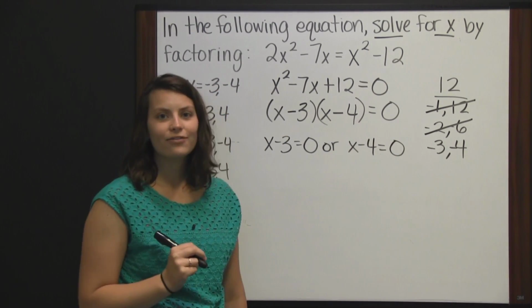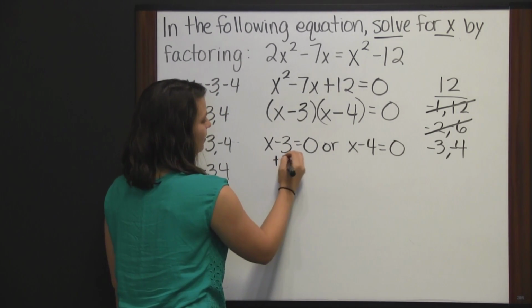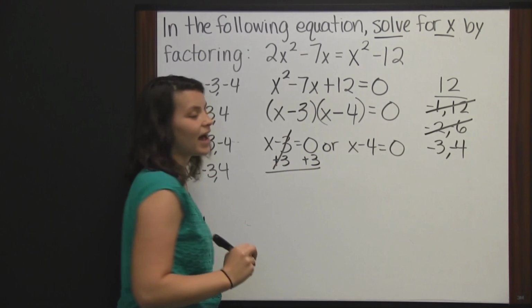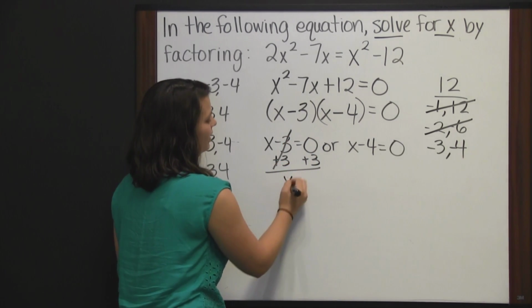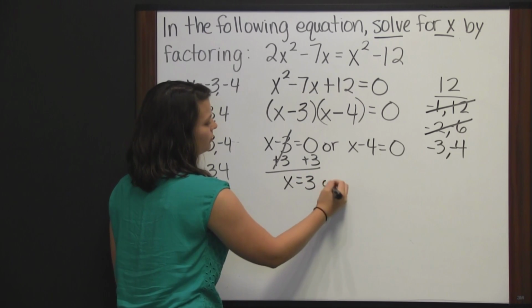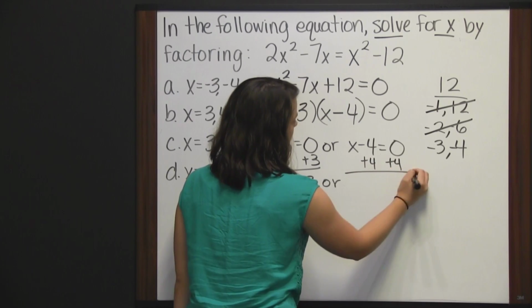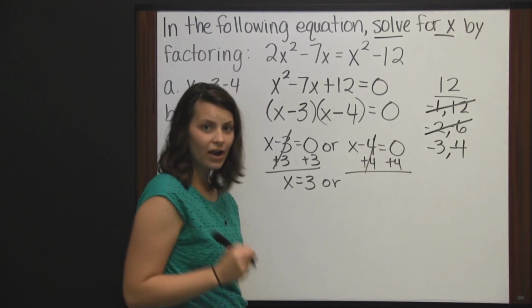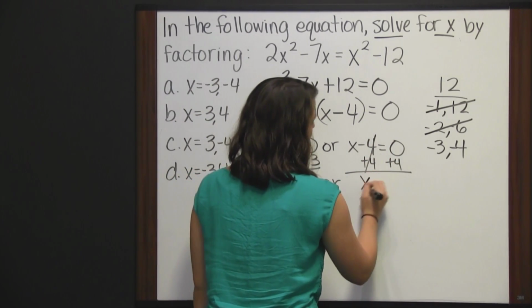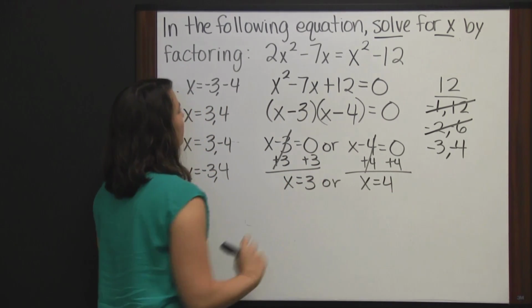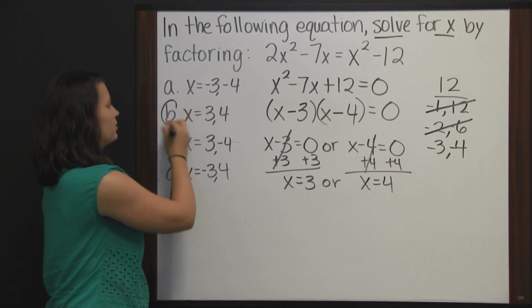And now we just solve each equation. So add 3 and 3. Those cancel because they're additive inverses, and x equals 3. Or add 4 and add 4, and those cancel because they're additive inverses, and x equals 4. So that means x equals 3 and 4, which is answer B.